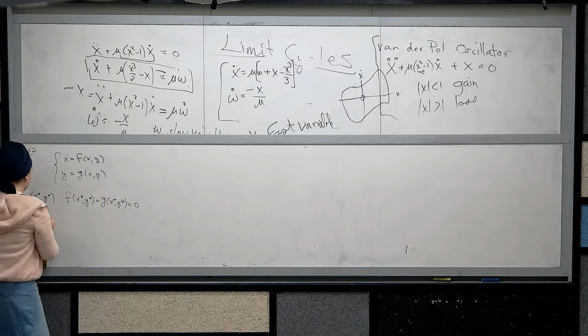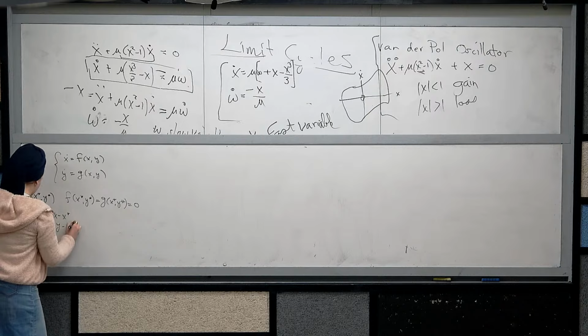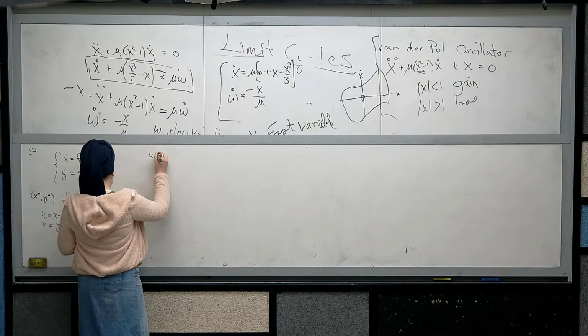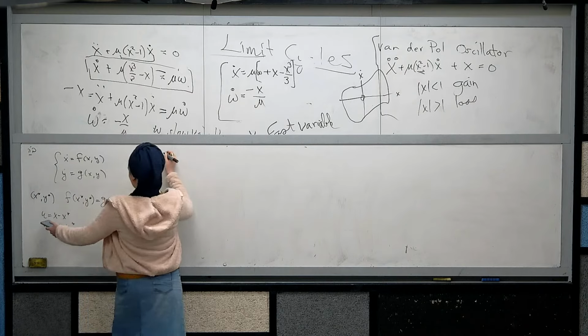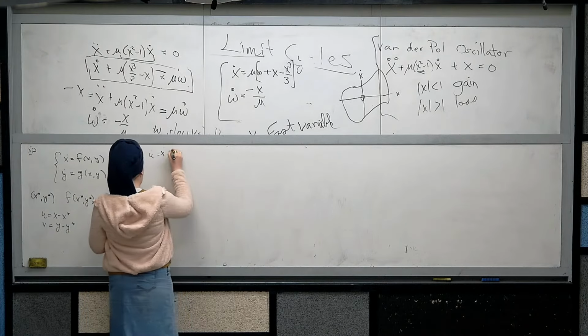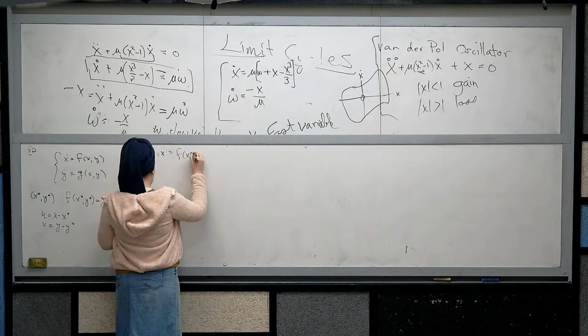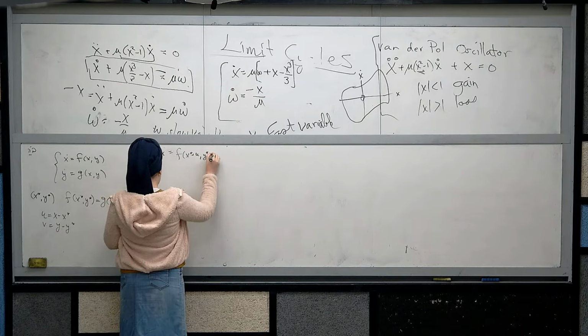So what can we do? We can define u as x minus x star and v as y minus y star. Then we get u dot, actually x dot, and this will be f of x star plus u and y star plus v.